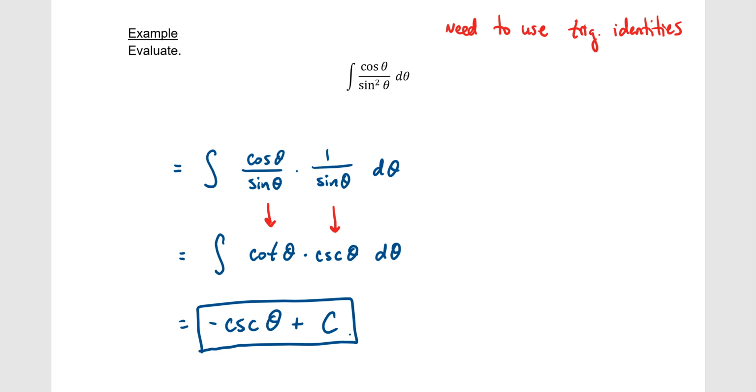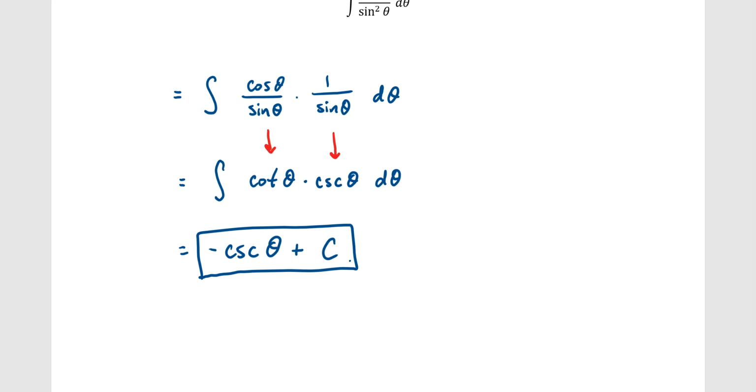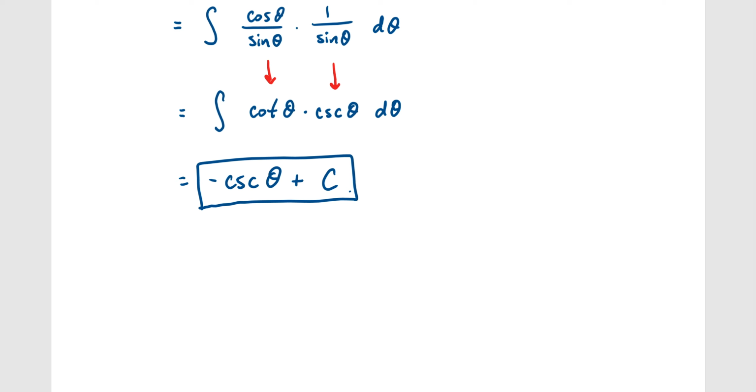Okay, and then once again, we can go ahead if we wanted to, and maybe let's actually do it for this one. Let's differentiate. I'll put check. d d theta of negative cosecant theta plus c.